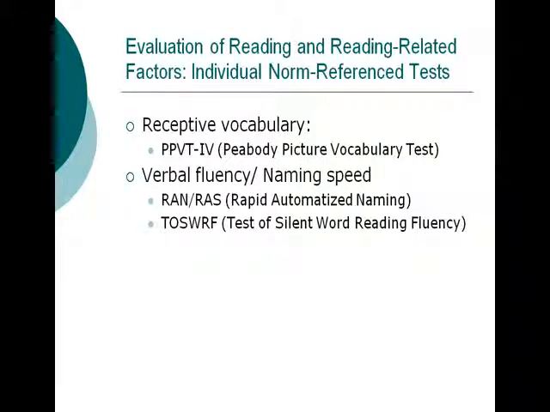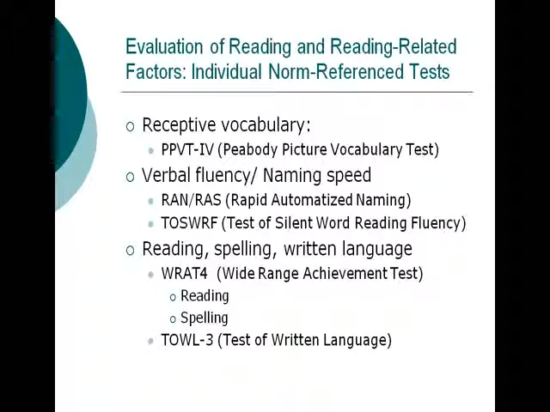Running record usually does not time, traditionally not. But this is a silent one, so it can be given to all the kids at once. Is this the one where all the words are in one big line and they have to draw the lines in between? Yes, between the words. Exactly. And what do they have, 3 minutes? It's 3 minutes. And so you can see how accurate they are and how fast they can go as they do that.